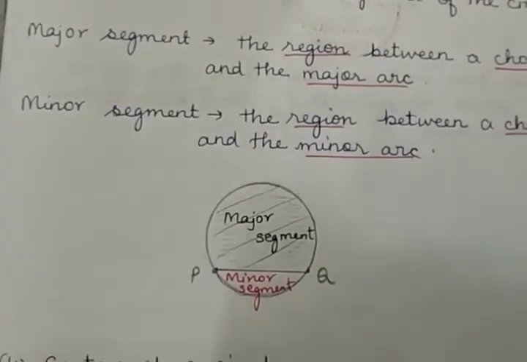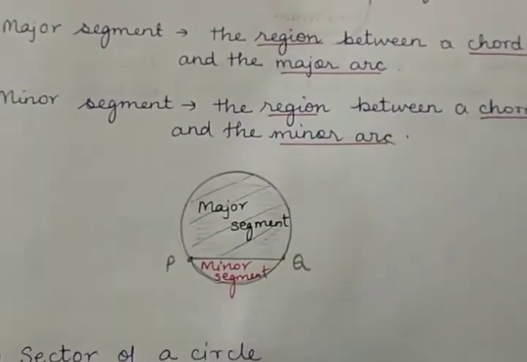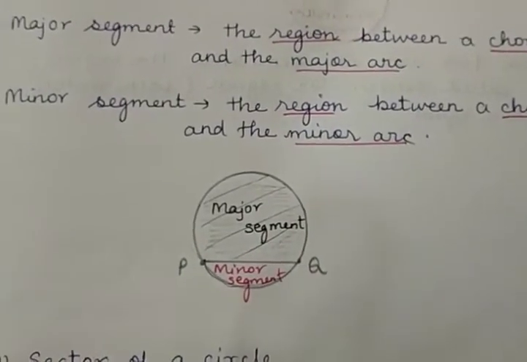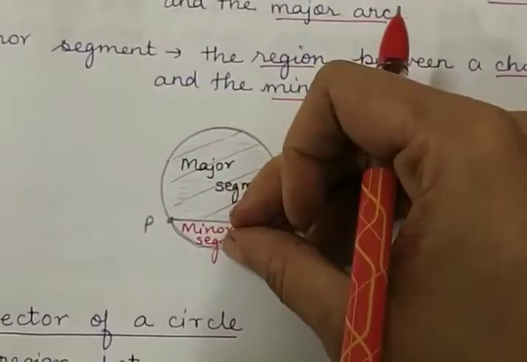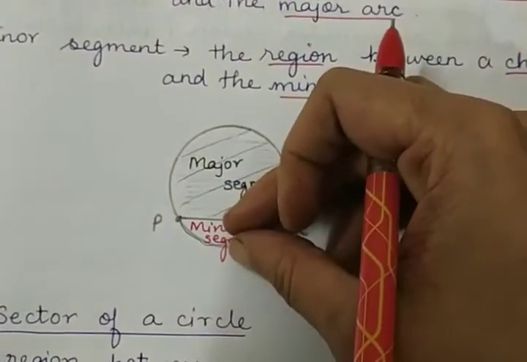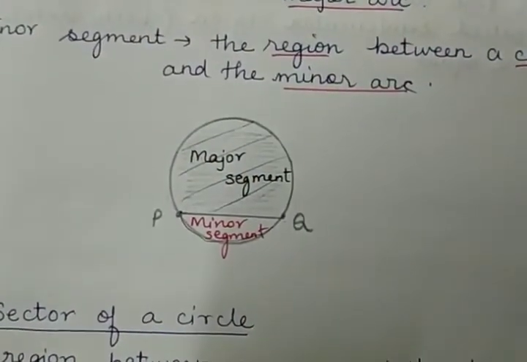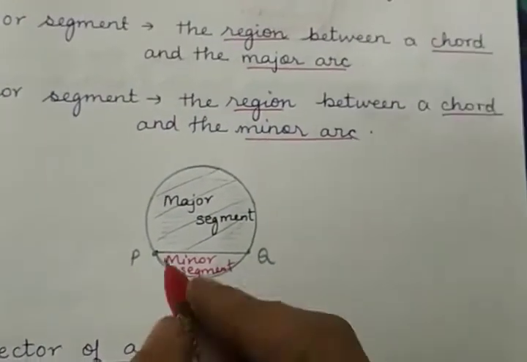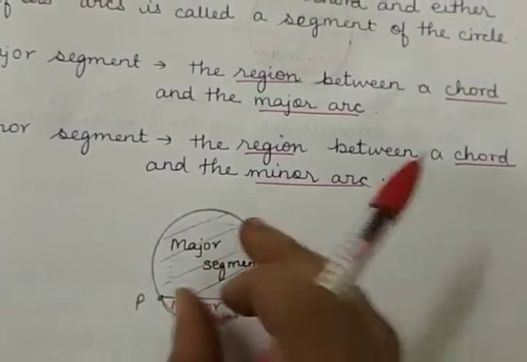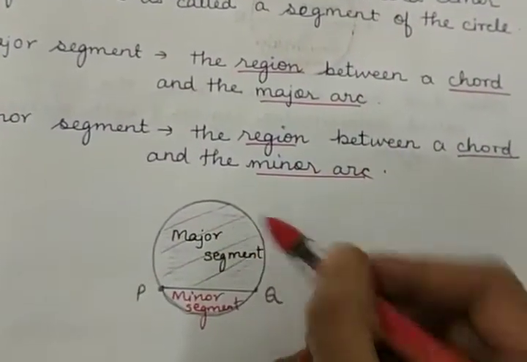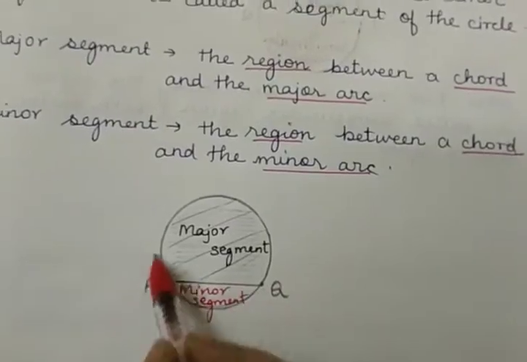Again, just like in arcs you have major arc and minor arc, in segments also you will have 2 regions. One is the major segment and the other is the minor segment. Again, what is a segment? It is the region, meaning the area, between the chord and the arcs.